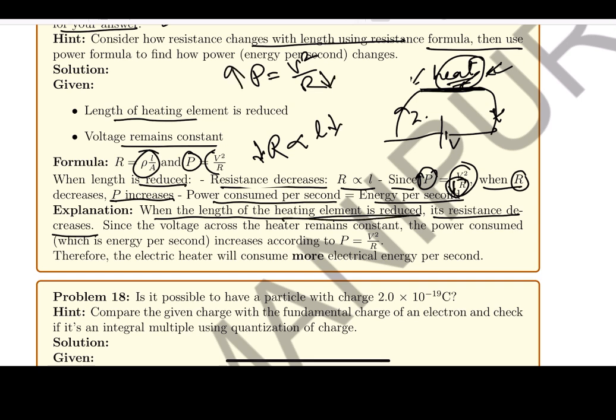Since the voltage across the heater remains constant, the power consumed, which is energy per second, increases. So the electric heater will consume more electrical energy per second. So energy consumption will be more.